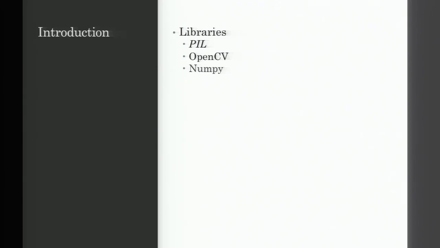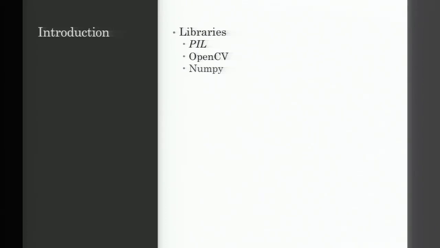OpenCV now supports multiple algorithms related to computer vision and machine learning and is expanding day by day. OpenCV supports a wide variety of programming languages such as C++, Python, and Java, and is available on different platforms including Windows, Linux, OS X, Android, and iOS.